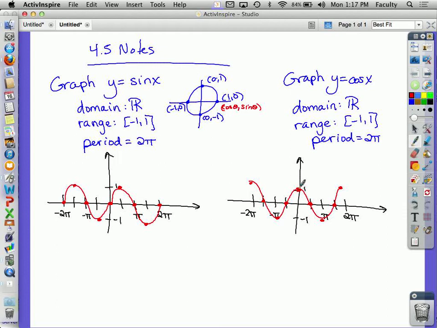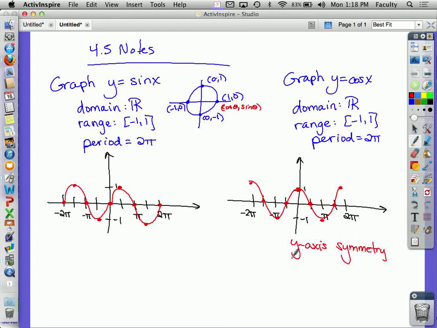So now, when we look at the cosine graph, I want to pause here a moment and make a connection to something we've covered previously. If I were to fold my graph onto the y-axis, what kind of symmetry does it have? Y-axis symmetry. Yeah, that was a real stretch, huh? There's your y-axis symmetry. Now, if a graph has y-axis symmetry, what else do we know about it?